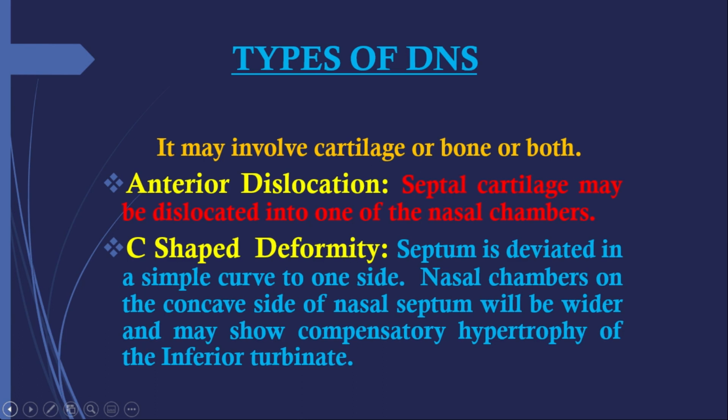In C-shaped deformities, the nasal septum is deviated in a simple curve to one side. The nasal chamber on the concave side of the nasal septum will be wider and may show compensatory hypertrophy of the inferior turbinate.